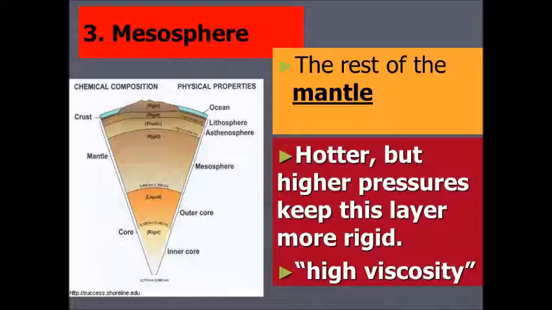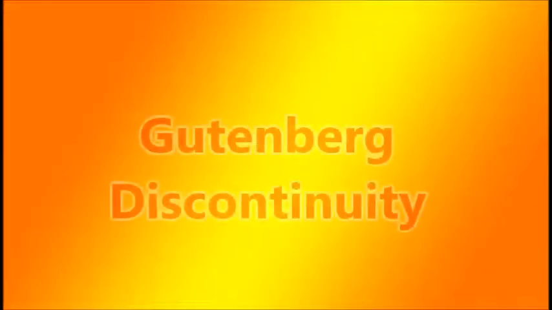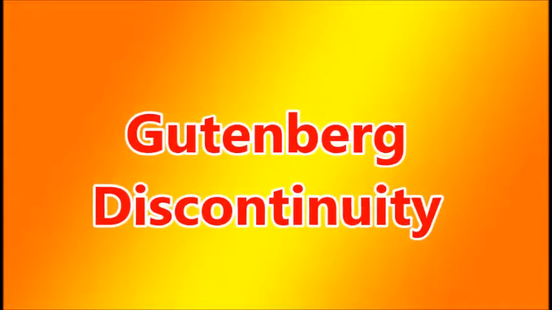The contact zone of the crust and the mantle is called Mohorovicic Discontinuity or Moho. The boundary that separates the mantle from the core is called Gutenberg Discontinuity.